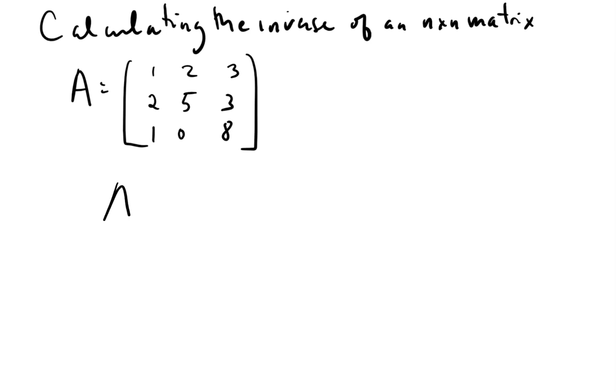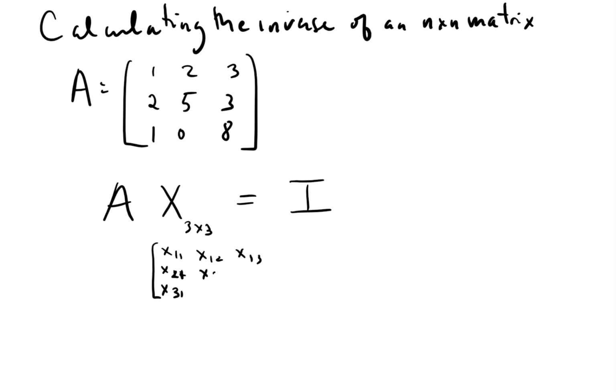I want to find some matrix X that is 3 by 3, so that when I multiply A by X, I get I. So let's assume that X is written in terms of its entries: X11, X21, X31, X12, X22, X32, X13, X23, and X33.